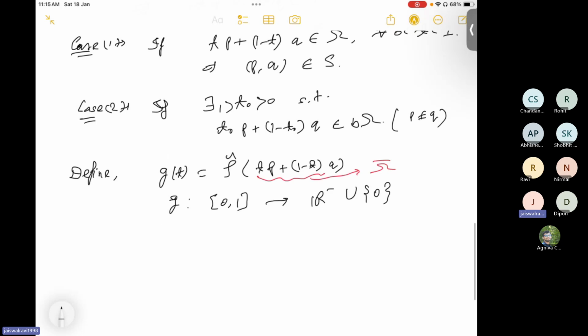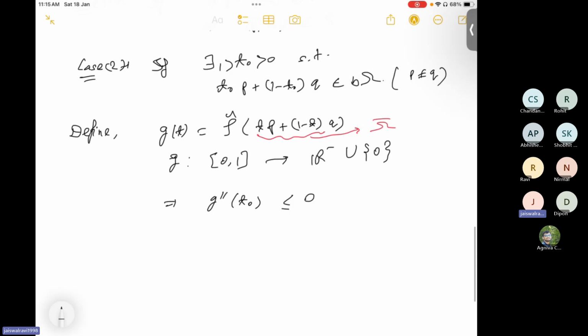That means g has a maximum at t naught, which will imply g double prime at t naught is negative or less than or equal to 0, because by our assumption in case 2, t naught is a local maximum.